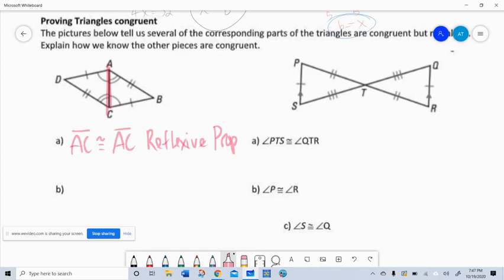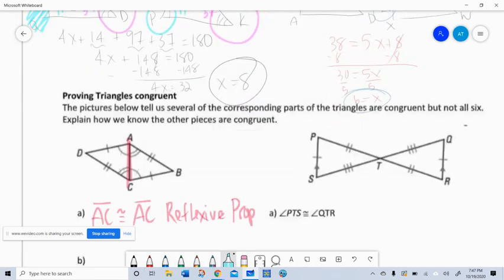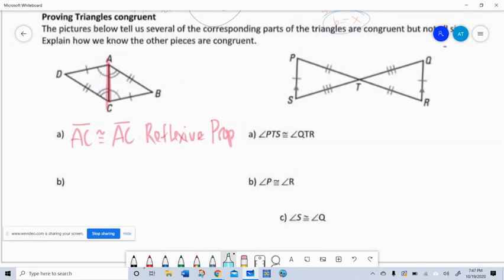Do we know that any other pieces are congruent here? Well, let's look. We know that this angle is congruent to this angle, and that this guy is congruent to this one. So the question is, are the remaining angles going to be congruent? And the answer is yes, they are.